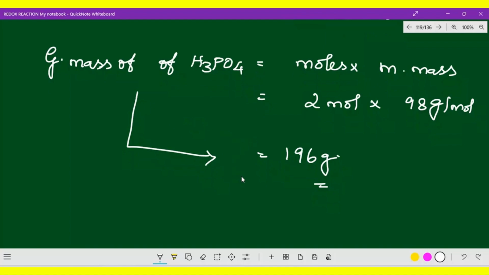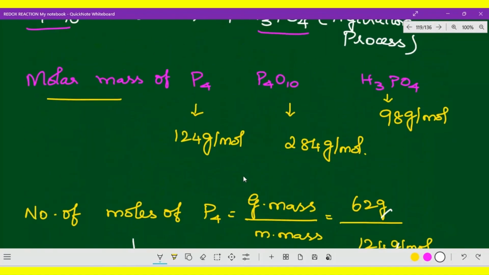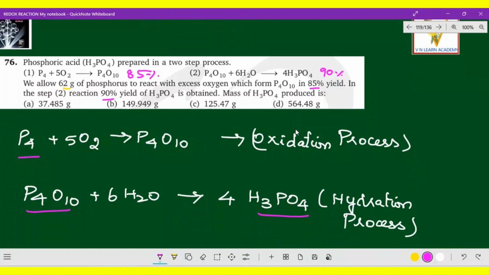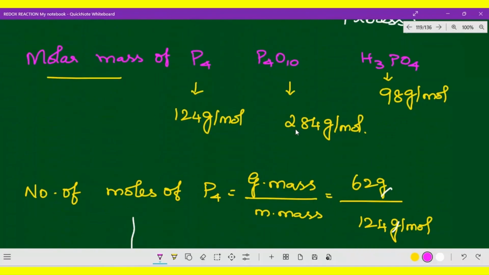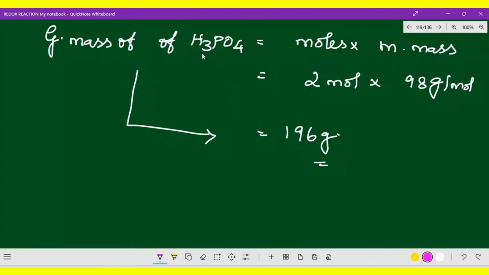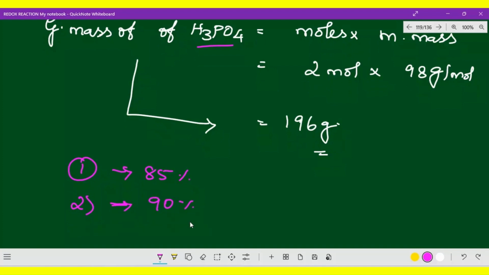Right, now step 1, what is the percentage they have provided? Step 1 is 85% and step 2 is 90%. Let us check the final mass. The given mass of H3PO4 is 196. Step 1 is 85%, step 2 is 90%. So how to calculate the final mass?